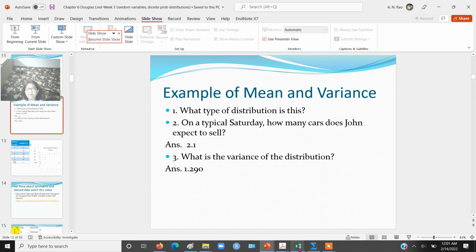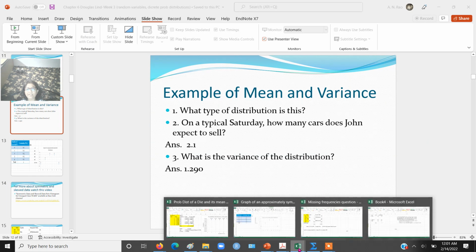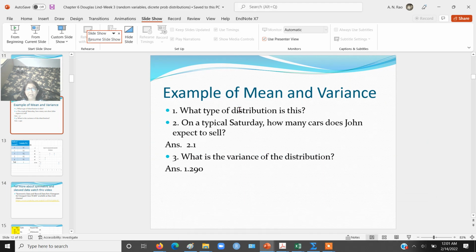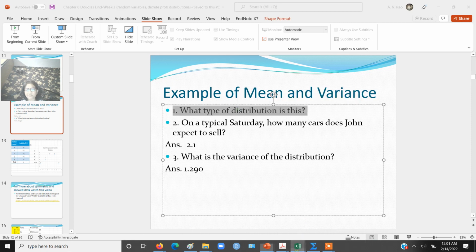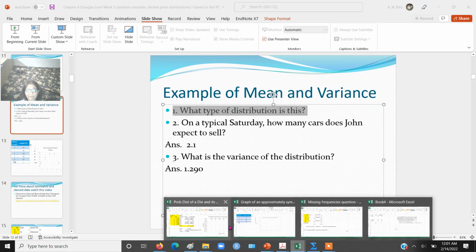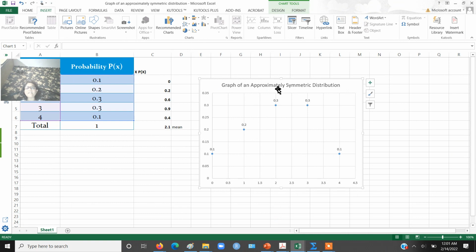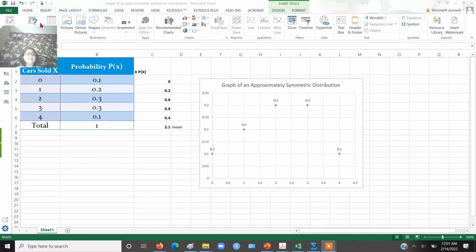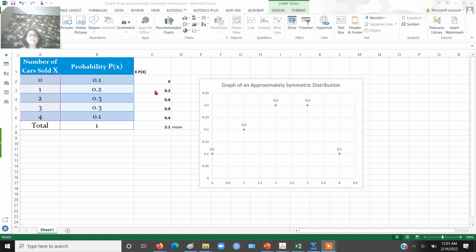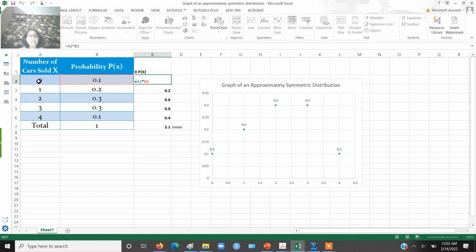Anyhow, so we have to calculate. The first part of the question was, what type of distribution is this? We have already told you that it's an approximately symmetric distribution. The next part says that you have to calculate the mean of this distribution. As I said, mean is the sum of xp(x). You can see I have multiplied the x value by its probability.